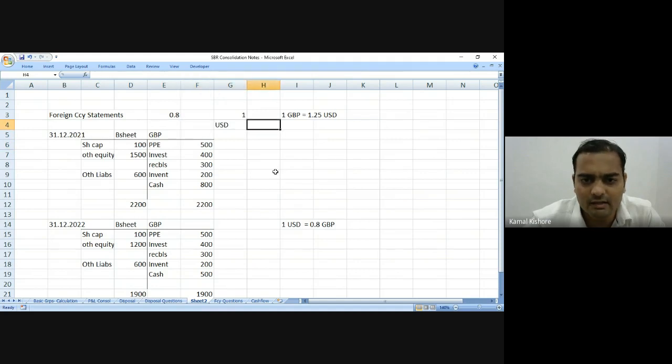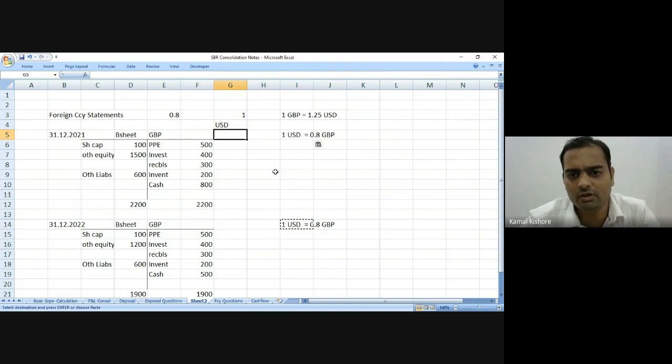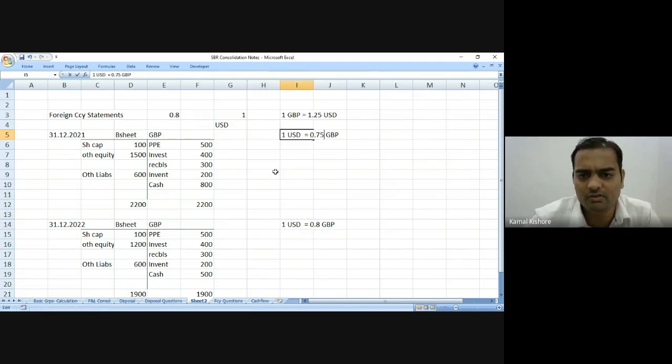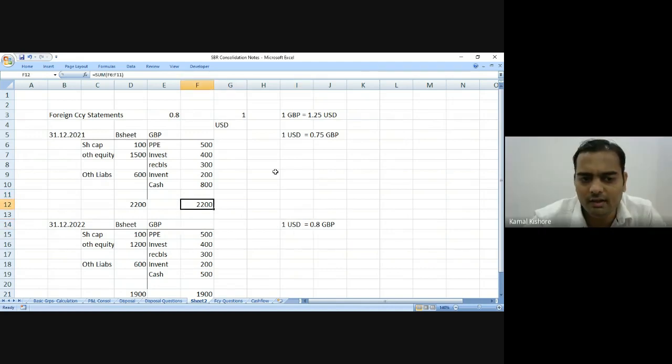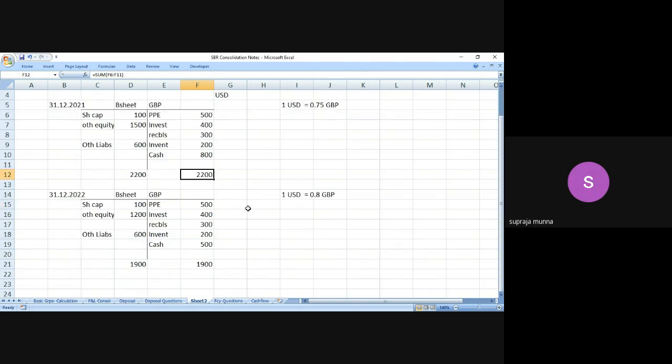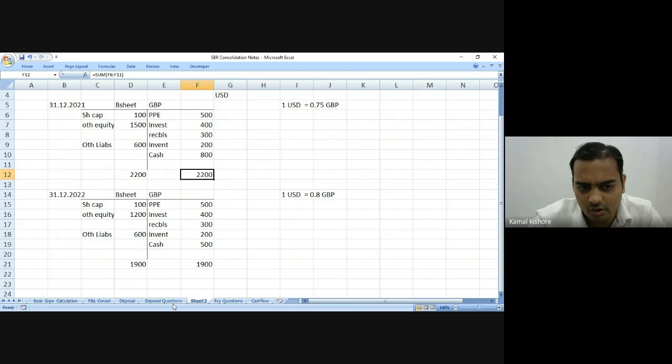At that time, one USD is equal to, let's say, 0.75 GBP. Now, at that time, if you had converted, the numbers would have been something different. And now the numbers are something different for the same local currency.